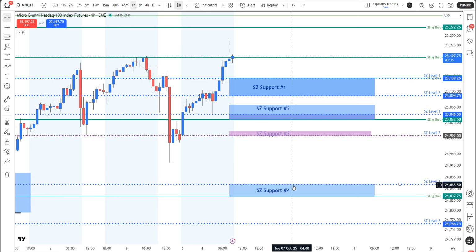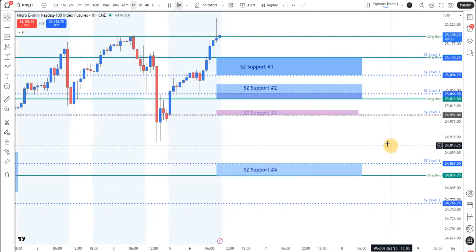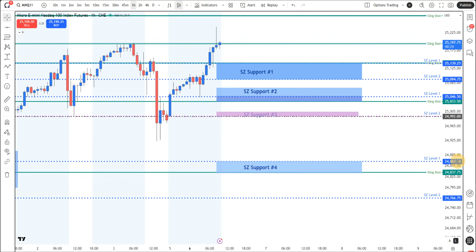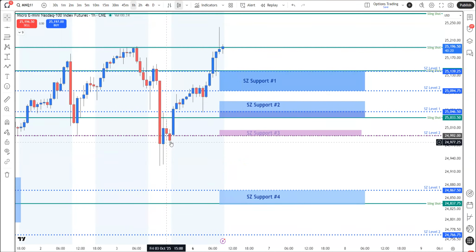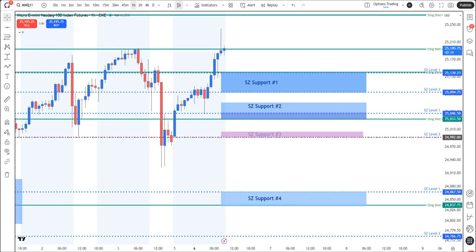There is a big, huge white space in there, and that will be the easiest path of a sell-off, targeting 24,867, 24,837, and 24,776. But in the meantime, pullback to continue higher.